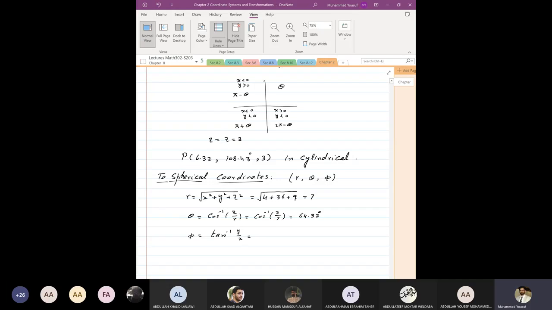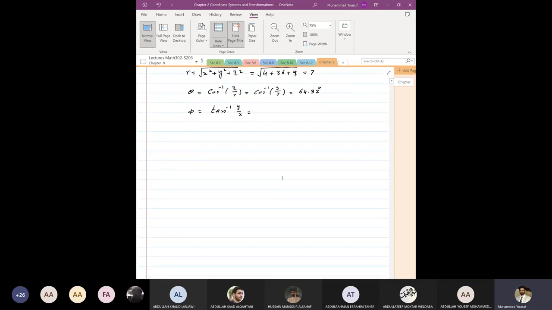In case of tan, the general formula is tan of theta is equal to y over x. But sine of theta is equal to y over r, opposite over hypotenuse. Cosine theta is equal to adjacent over hypotenuse, where this r is like this.